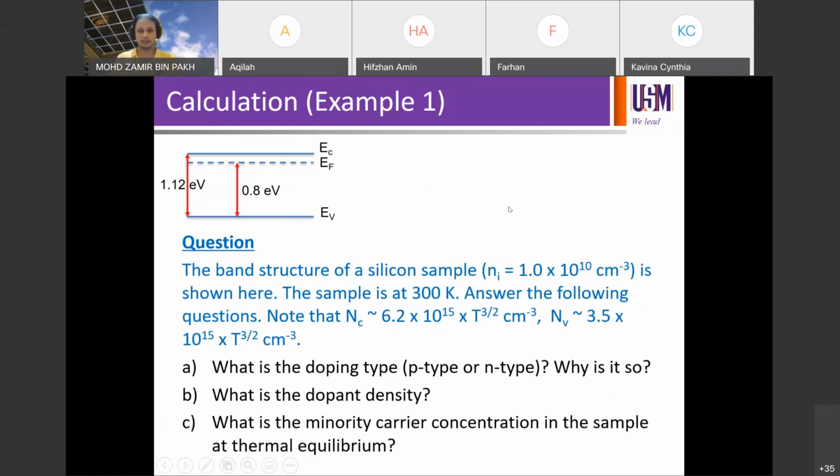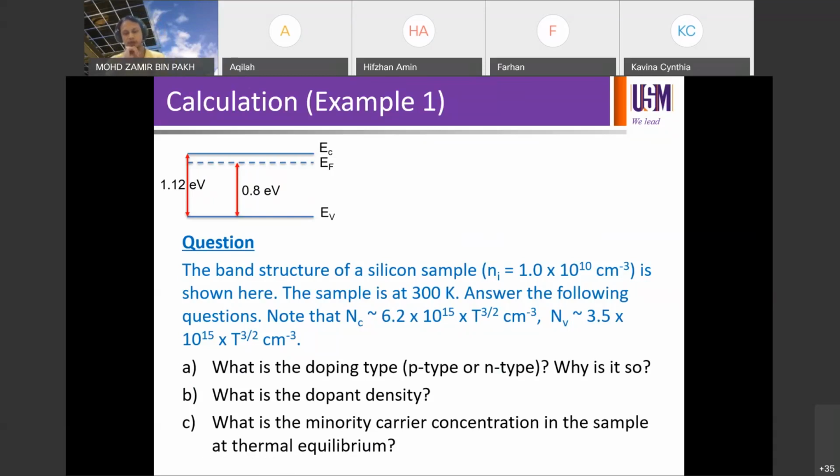Question number 1. What is the doping type of the material? Why is it so? P-type or N-type? Simple one. N-type. So why is it N-type? Kenapa N-type? Kalau tengok sekali dah tahu kan? Because EF is near to EC.